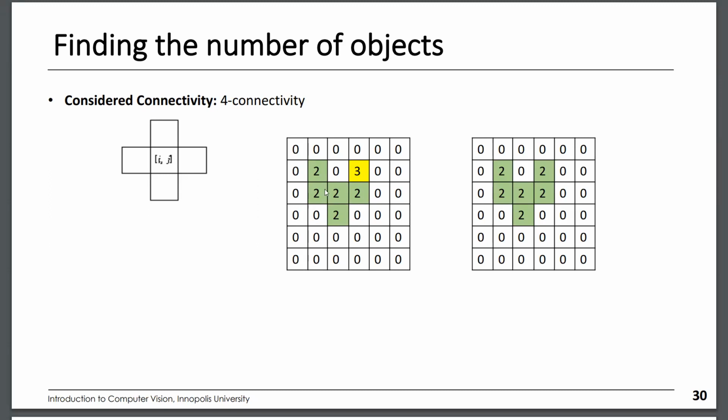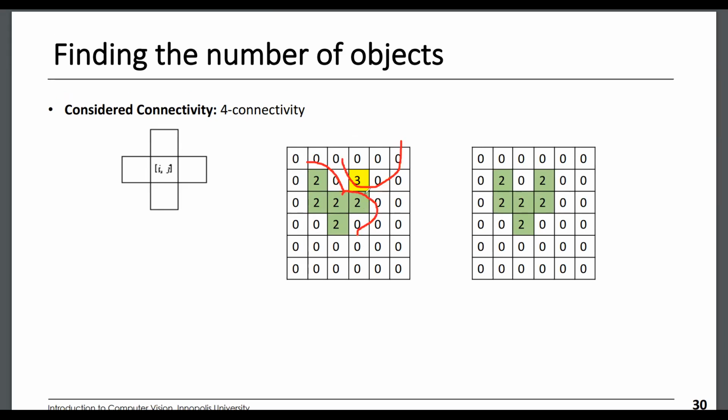With the second pass, you go through all of these pixels. This is label 3, and this is label 2. If these two components are close together, so they could be connected using this connectivity, then we just merge them into the same label. In this case, we merge them into 2. We could merge them into label 3, it really does not matter.